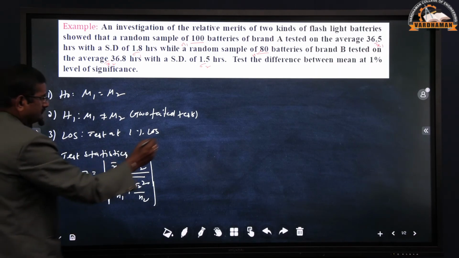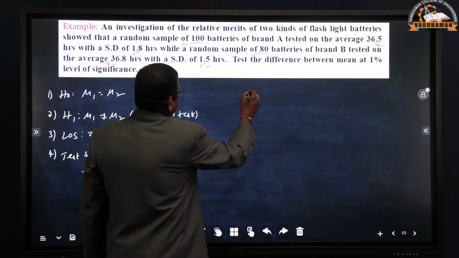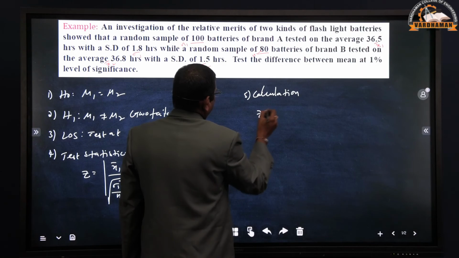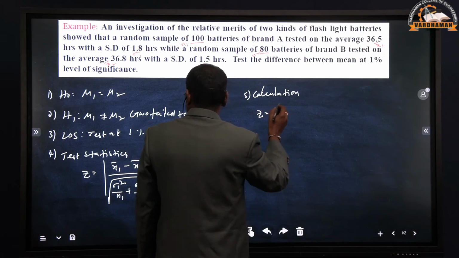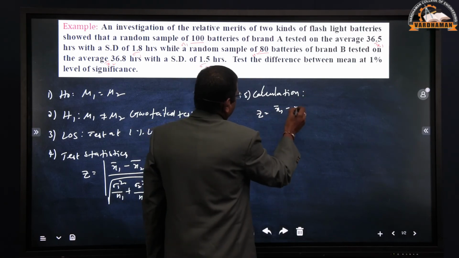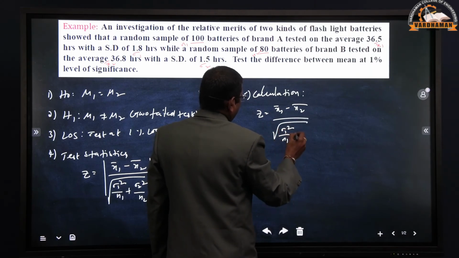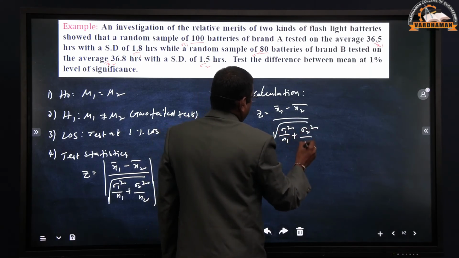Next, fifth working rule is calculation. That is Z is equal to x1 bar minus x2 bar divided by under root sigma 1 square by n1 plus sigma 2 square by n2.